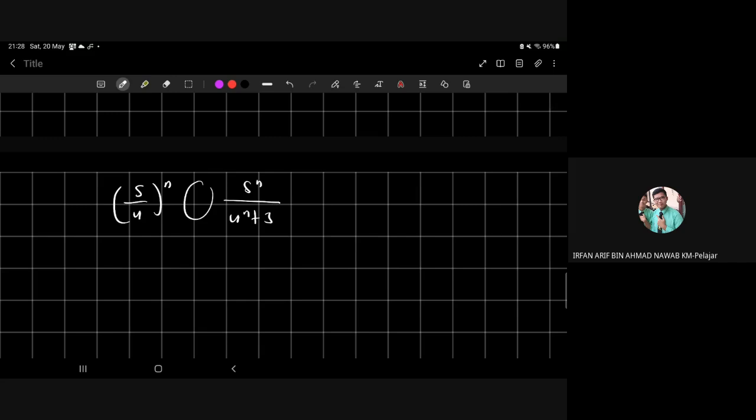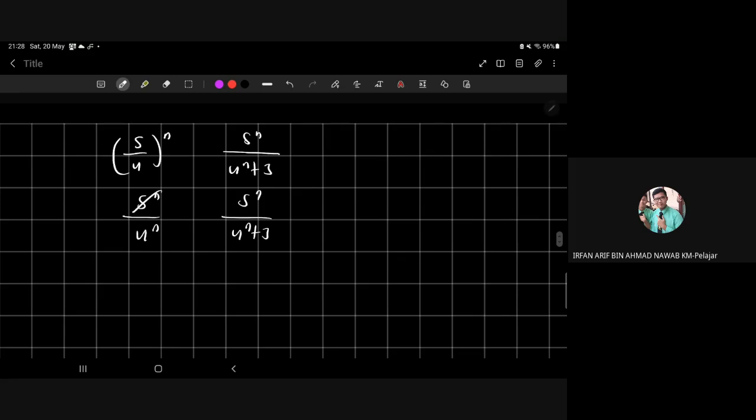Here I could expand the exponent, and I could multiply both sides with their respective denominators and numerators, and basically this could be cancelled out. We are left with 4 to the power of n plus 3 versus 4 to the power of n. As you can see, this sign is larger, it will always be larger.